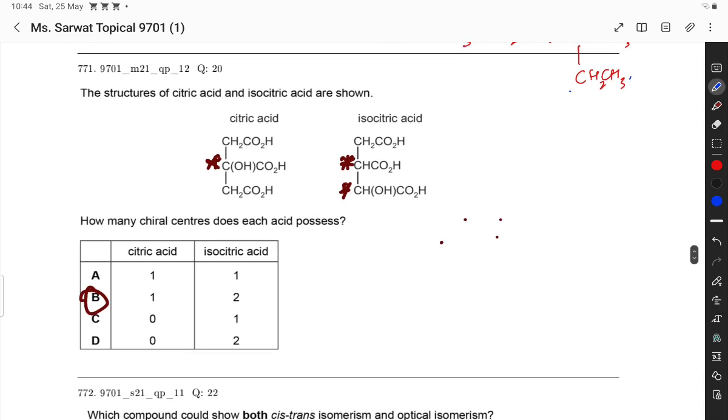The structures of citric acid and isocitric acid are shown. How many chiral centers does each acid possess?